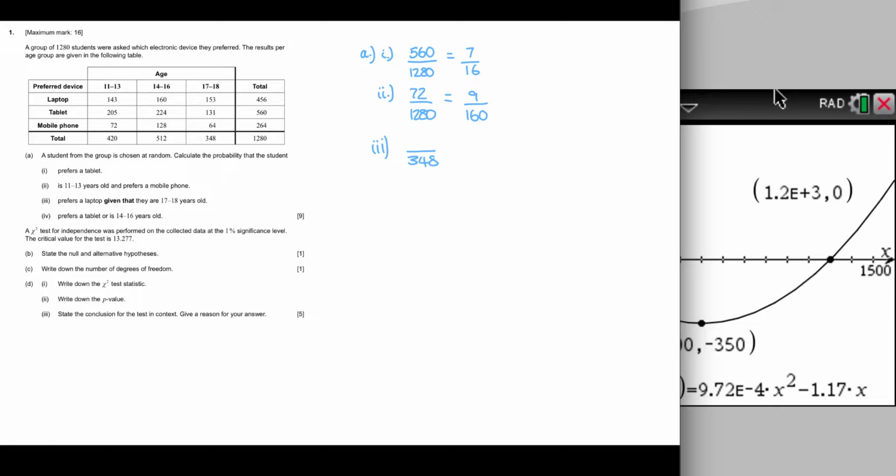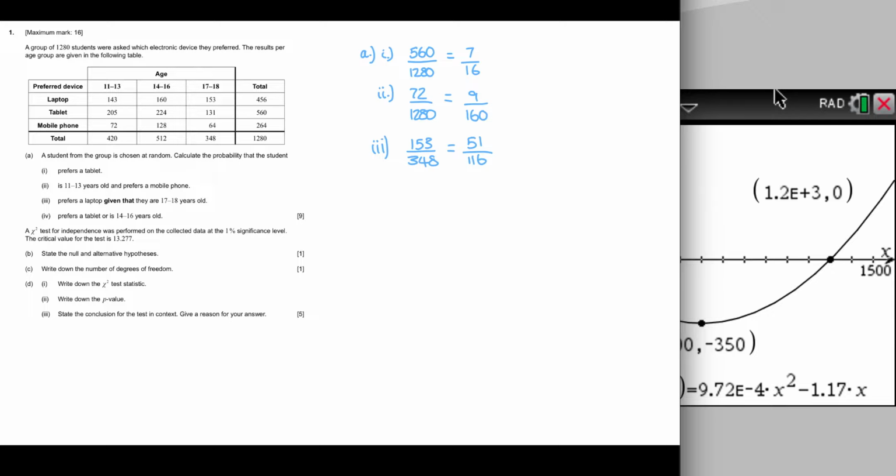I'm only choosing from people that are 17 to 18, and I wanted the probability that they preferred a laptop. A laptop for that age group is 153. So 153 out of 348, which simplifies to 51 out of 116.